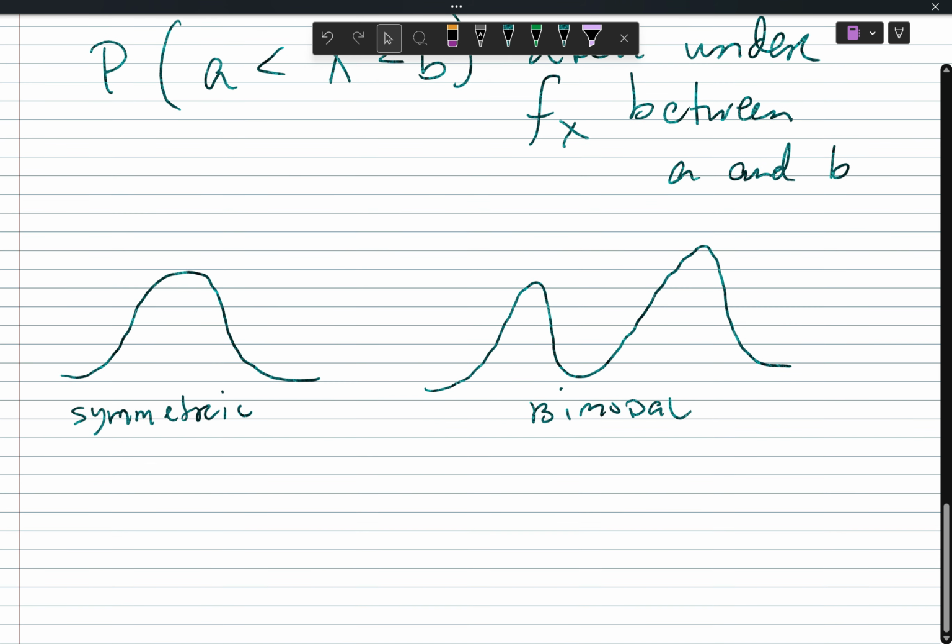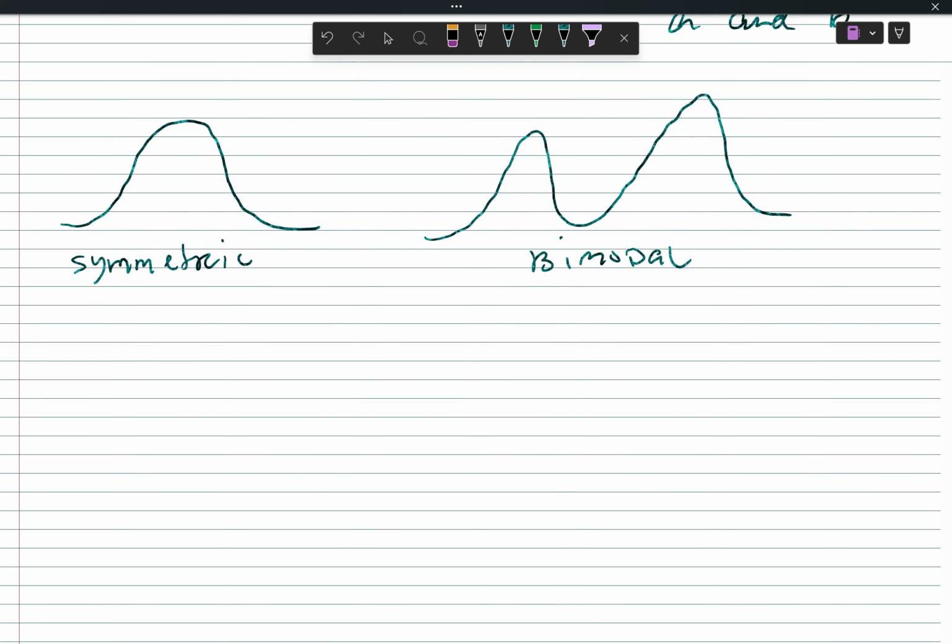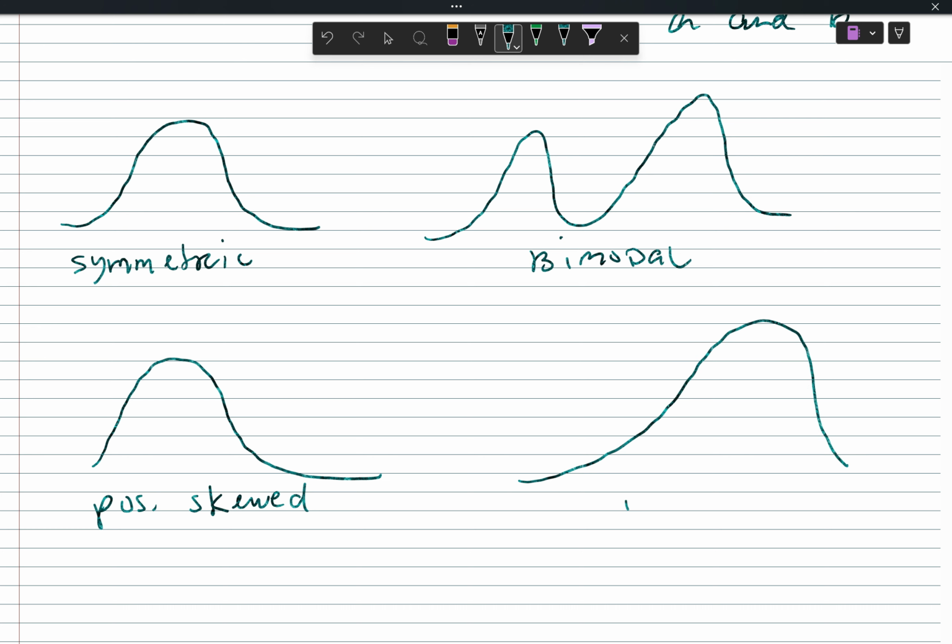We could have this one be positively skewed, and this one would be negatively skewed. Okay, so these are some typical shapes of probability density functions, PDFs. A positively skewed distribution is also called skewed to the right, and a negatively skewed distribution is also called skewed to the left.